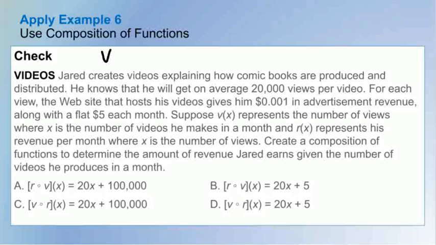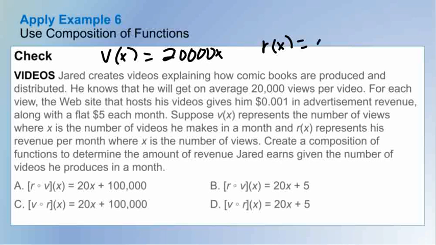So V of x is going to equal 20,000x, and then R of x is going to be 0.001x plus your 5.